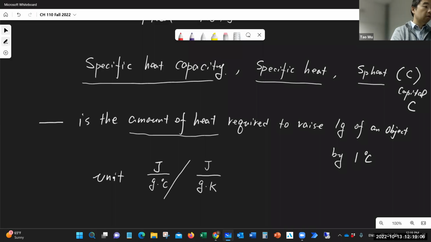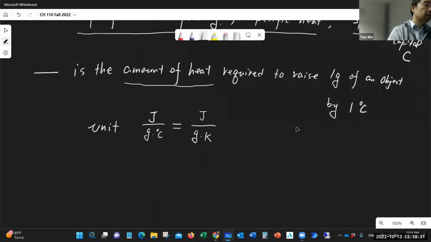Kelvin is also a unit for temperature. Just so you know, those two units are exactly the same. Joule per gram per Celsius is equal to joule per gram per Kelvin. You can use them interchangeably in these cases.